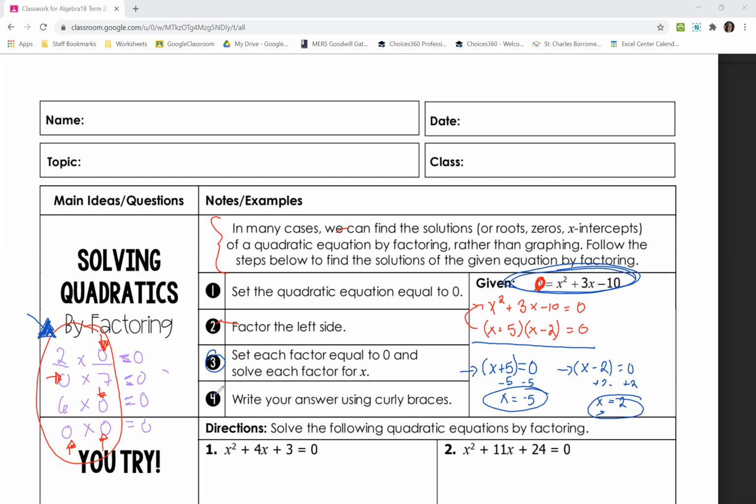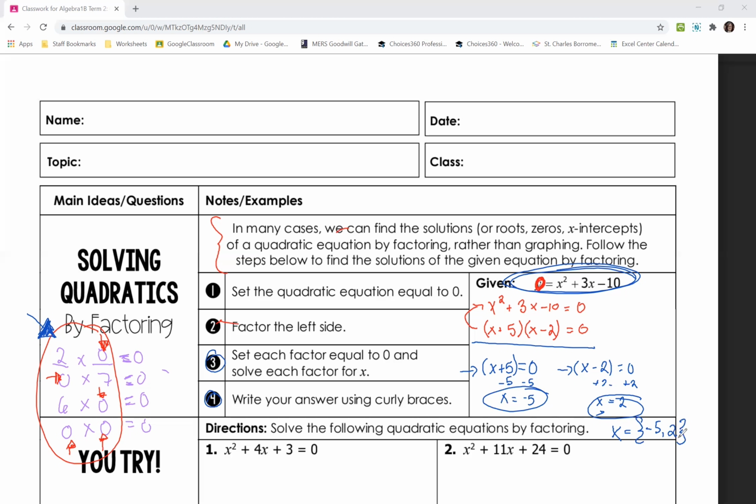Step 4 talks about writing your answers using a curly bracket. In mathematics, when we want to communicate answers to each other, there's different types of notation. One of those is called set notation, and like I said, it's a form of writing, a form of communicating. If you have multiple answers, we put them in little tiny curly brackets, and we separate them with commas.